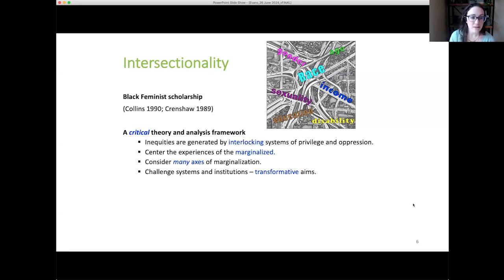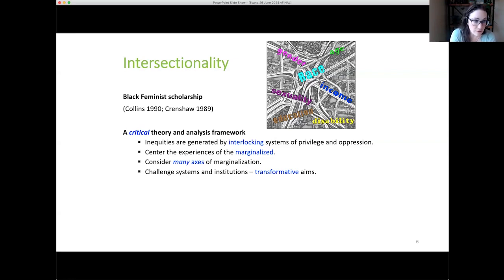The idea here is that those inequities we are interested in are produced by these interlocking systems of oppression. So you imagine highway intersections across all of these different axes of oppression, privilege, and it cuts both ways. So it's not just disadvantage, but also privilege and advantage as well.